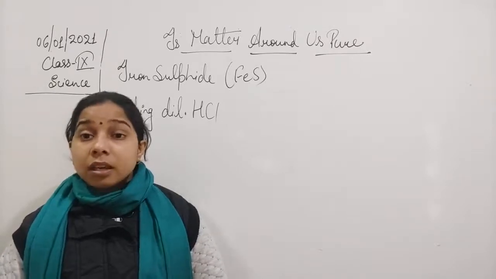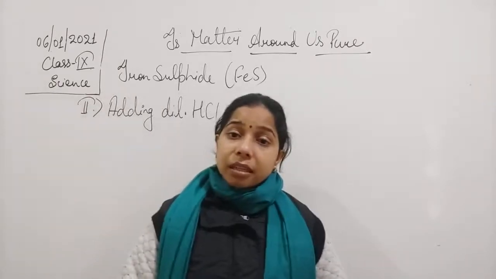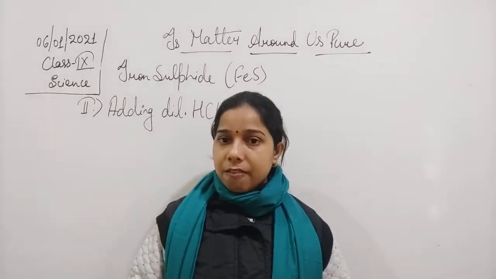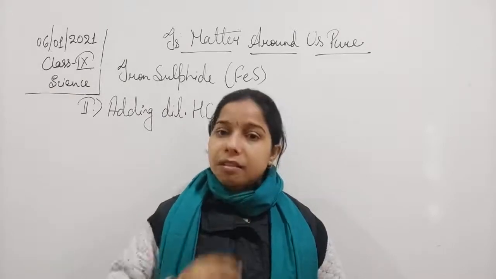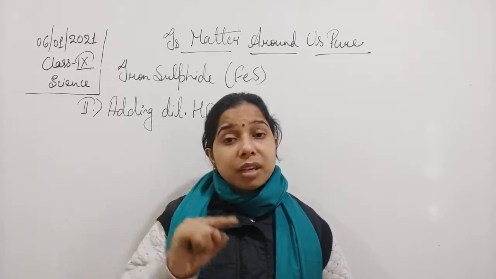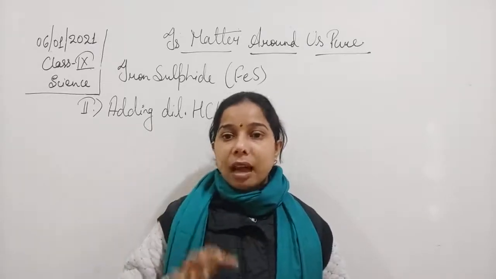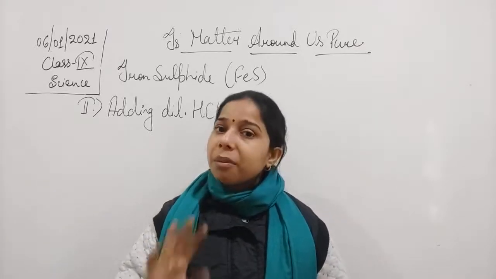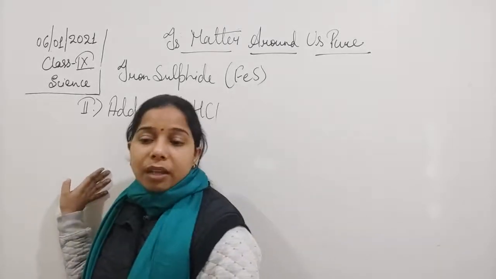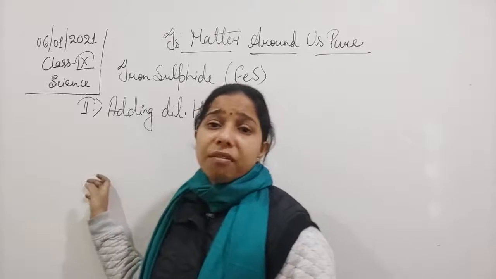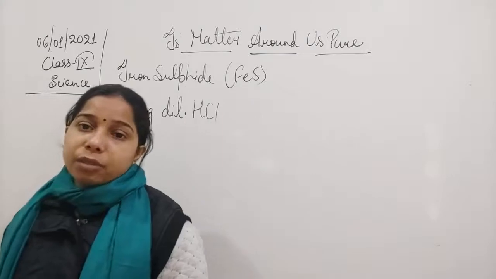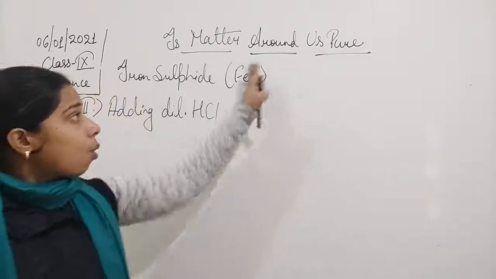H2S gas is released. Now, in the case of the mixture, when we took the iron filings and sulfur mixed together and added dilute HCl, the iron filings reacted with the dilute HCl and released hydrogen gas, but sulfur remained the same. But in this case, students, when you add dilute HCl to the iron sulfide, you will find that no hydrogen gas is released, but the whole substance reacts with the dilute HCl.